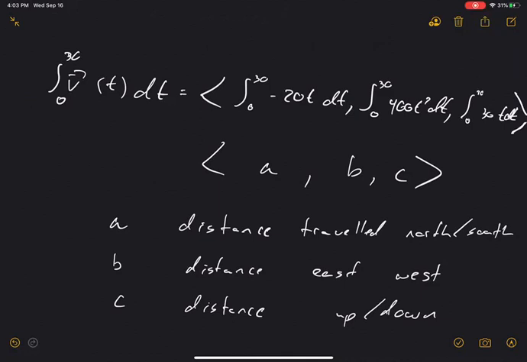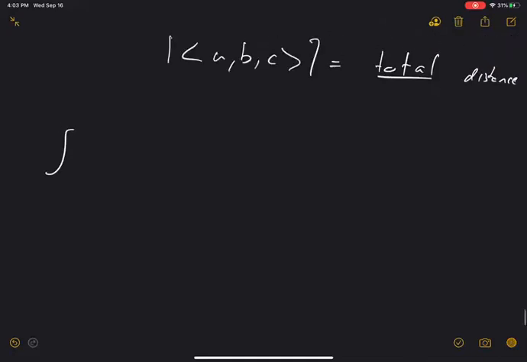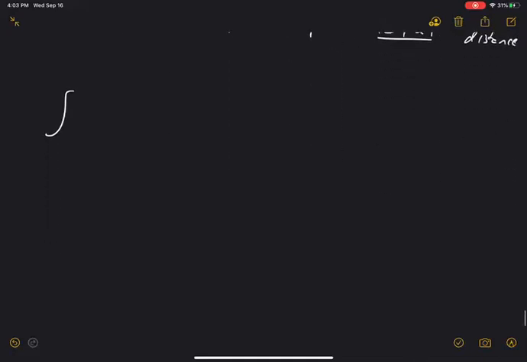One last thing to say about this: that was a definite integral, right? We could also do indefinite integrals. So remember, if I don't have bounds here, I get an indefinite integral. Same rules. I take the integral inside the vector.